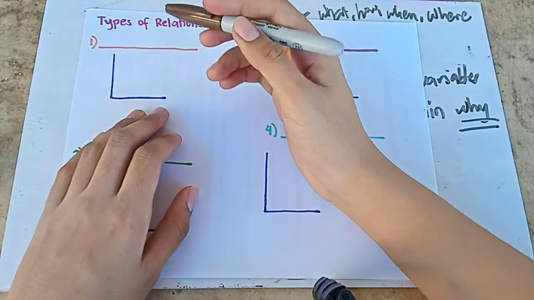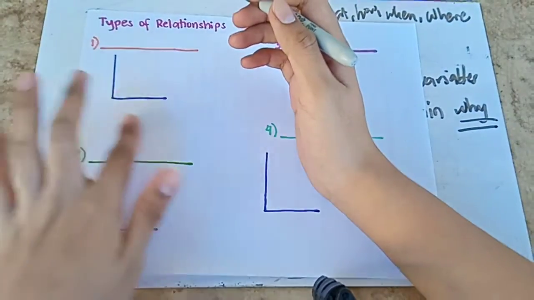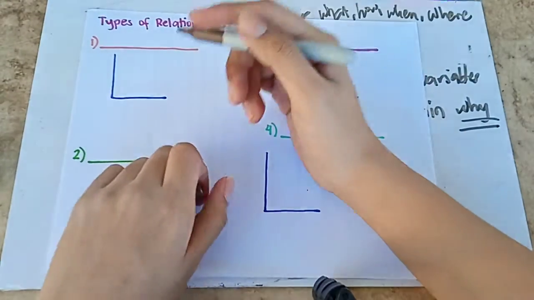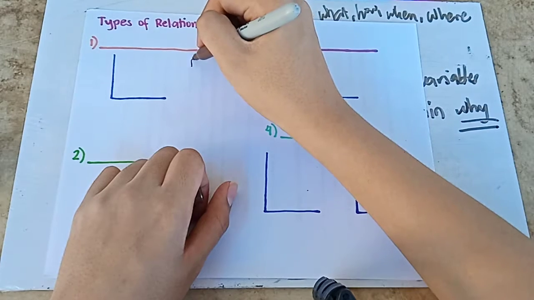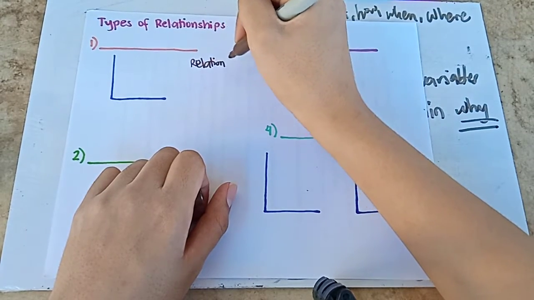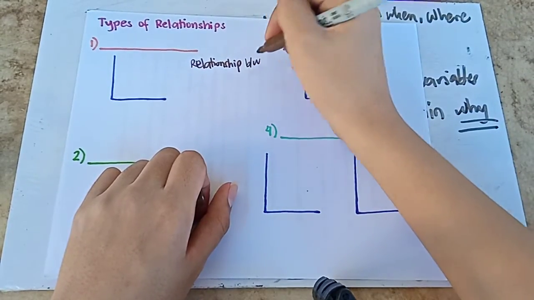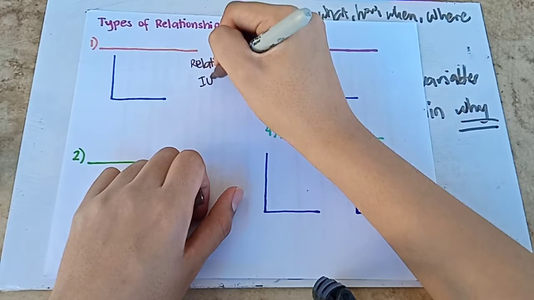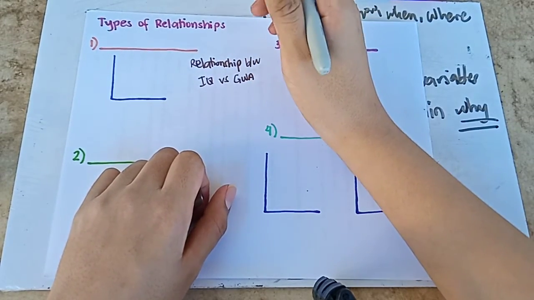So number one, we have the first type of relationship. Let's say we studied the relationship between the IQ and the general weighted average of a person.